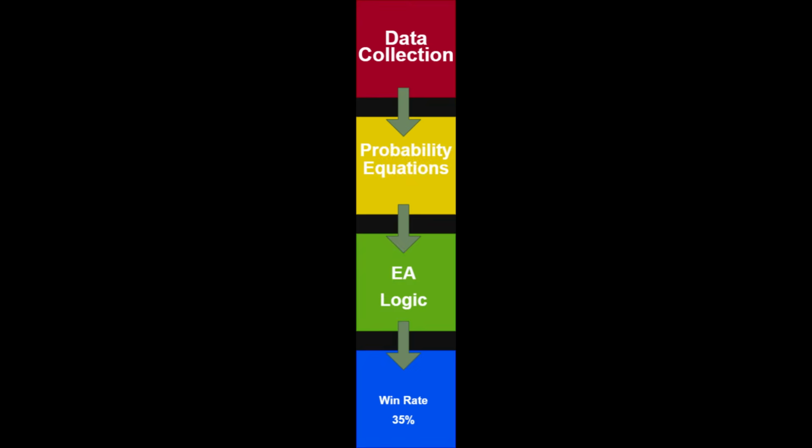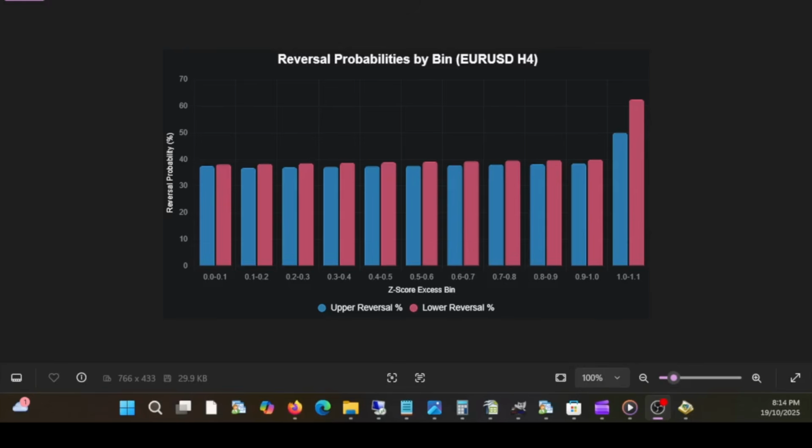The close match shows it's data-driven, not luck. If skeptical, run the script on other pairs. You'll see similar alignment. Our data collection gives us the probabilities we need. No optimization required. We set stop loss and take profit based on significant moves, and the results correlate directly.